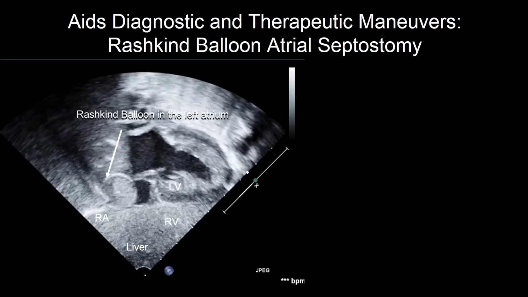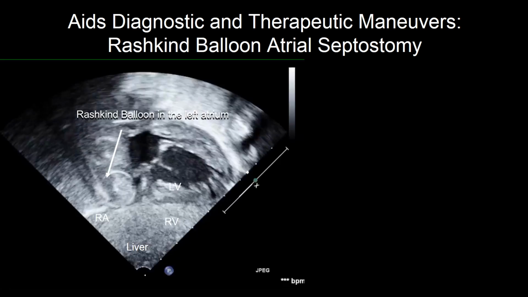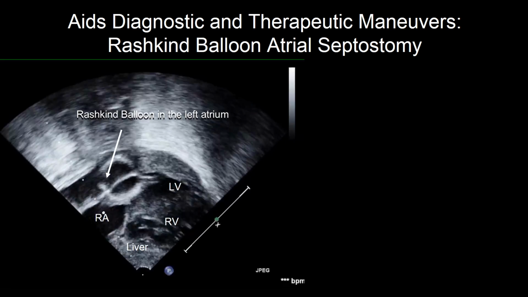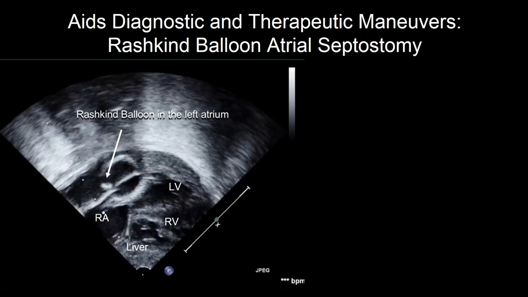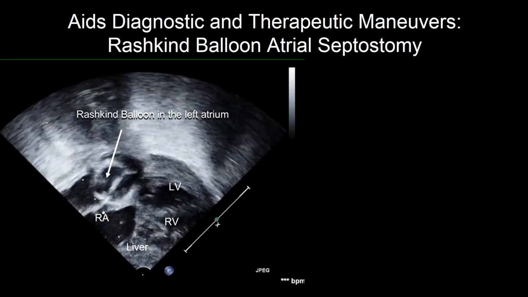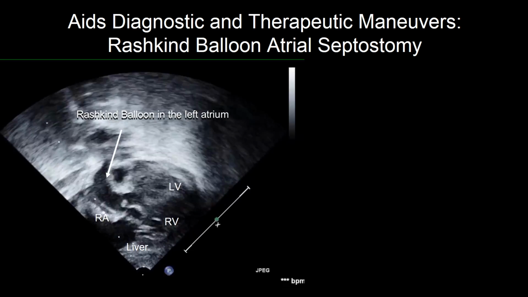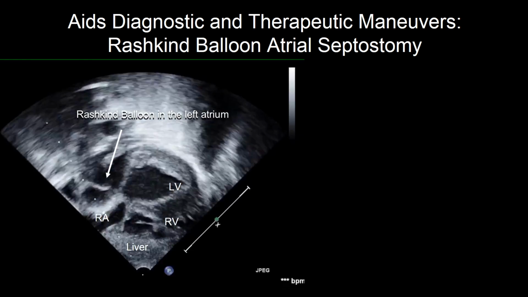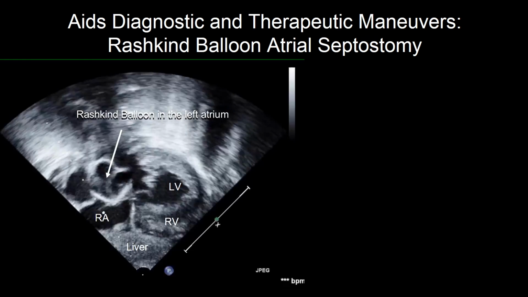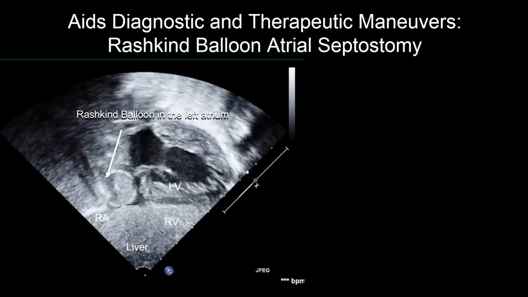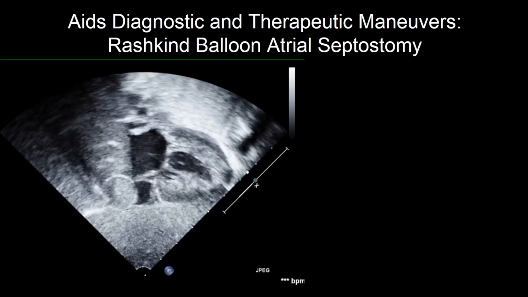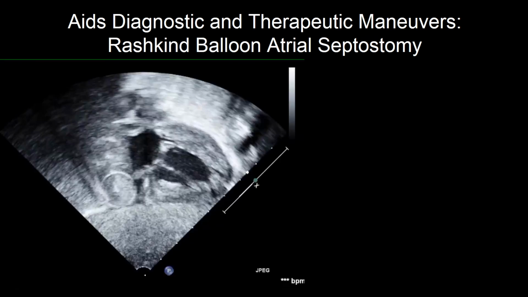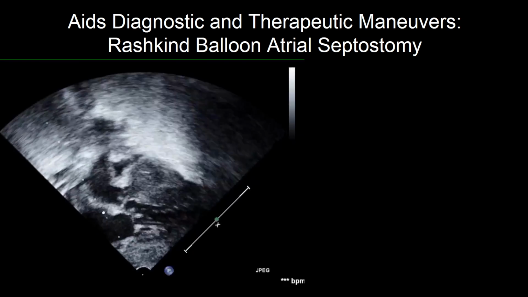The wonderful thing about subxiphoid imaging is that when you put your hand with the probe on there, you can feel whether the Rashkind is successful or not. So here's an example of a jerk of a Rashkind catheter across the atrial septum, indicating as well the use of this technique as a monitoring and therapeutic issue.